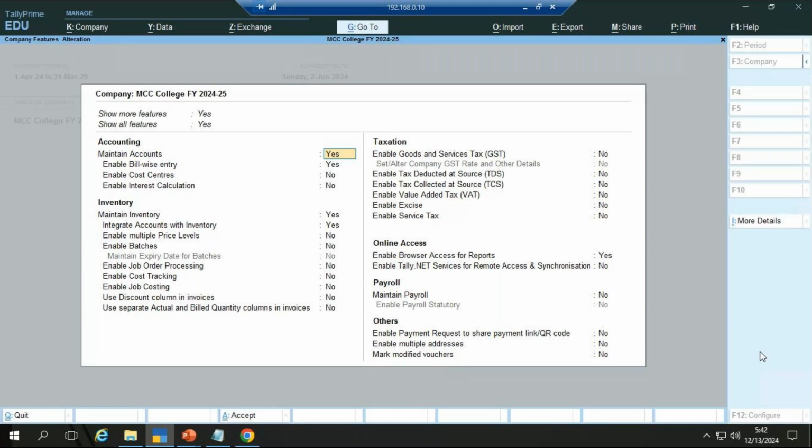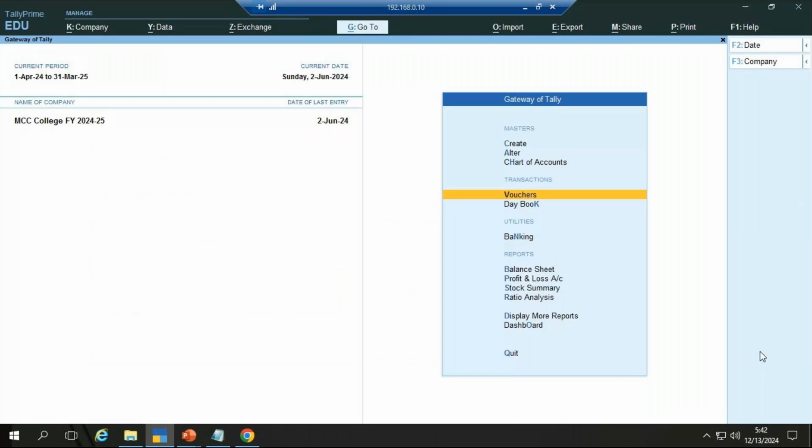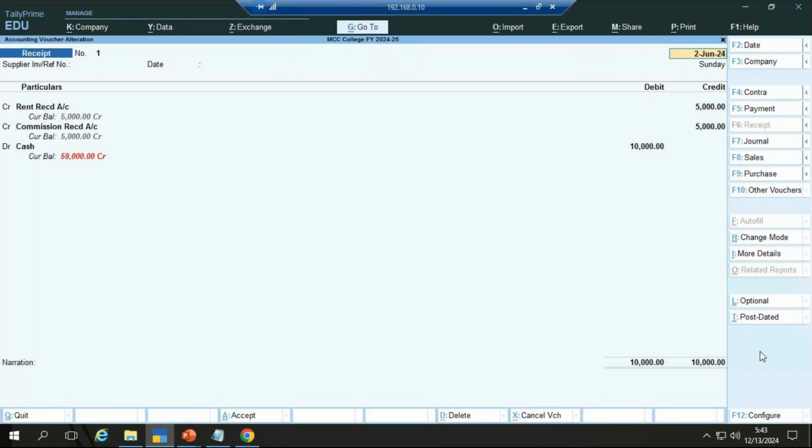Other people, you don't have any query regarding this F11? No, ma'am. Fine then. So we'll go to the voucher now. Other people, two of you, pass this entry. I'll give one minute to you. Do it fast.